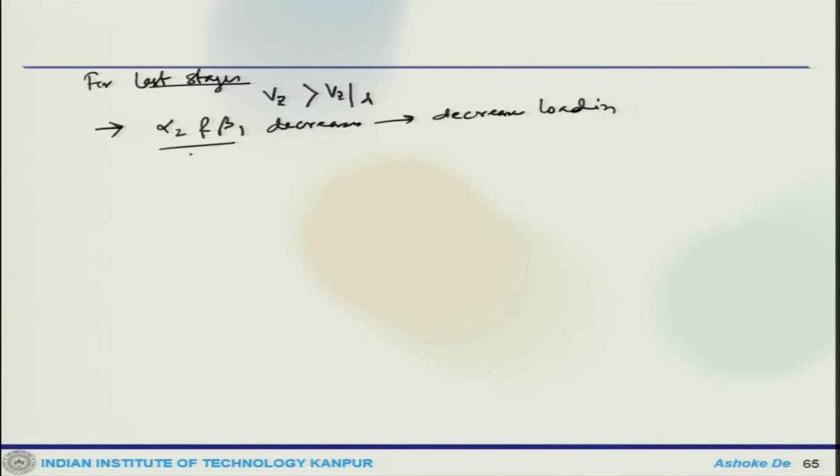This could be alpha 2 and beta 1, or alpha 1 and beta 2. Either of them decreasing decreases the loading, which means there is negative incidence separation.